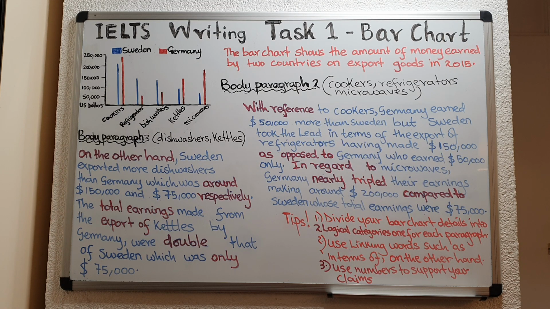Okay, then we move on. The total earnings made. So in the first point there, I have talked about dishwashers. So now I'm going to talk about kettles. And once more, I have to talk about kettles in terms of the two countries. In the previous point, I talked about dishwashers in regards to the two countries. Remember, Sweden exported more than Germany, which was around 150,000.